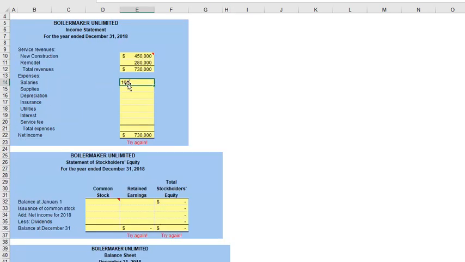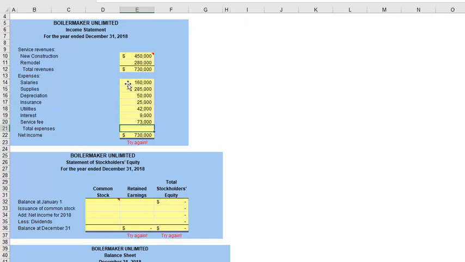Salaries are going to be $160,000. We have supplies of $285,000. We have depreciation of $50,000. We have insurance of $25,000. Utilities expense of $42,000. Interest expense of $9,000. And service fees of $73,000.